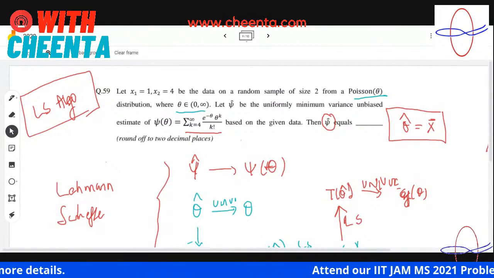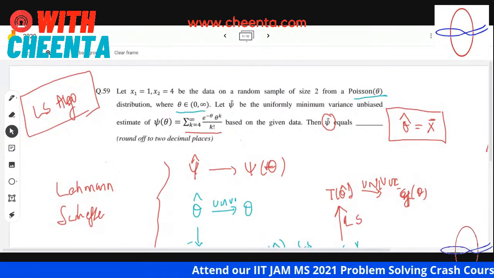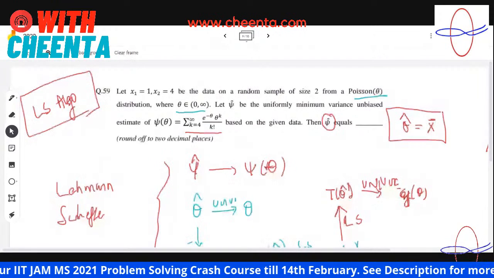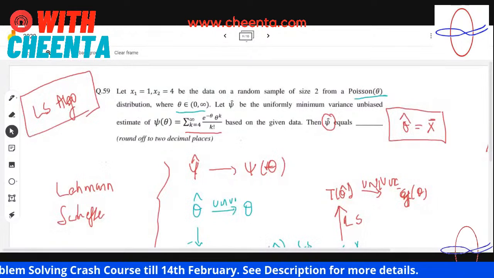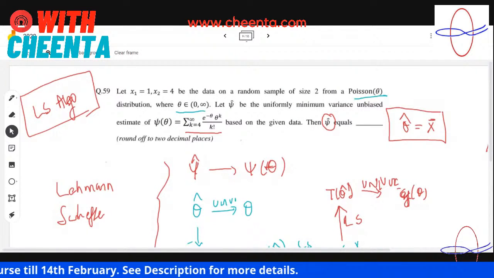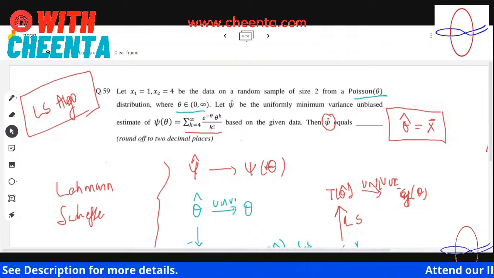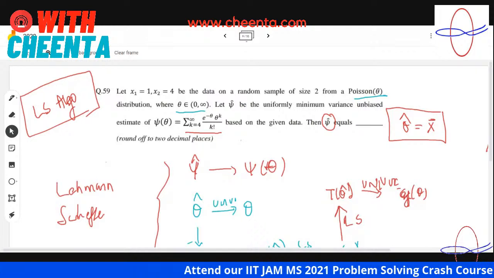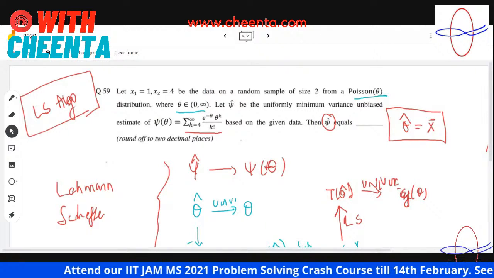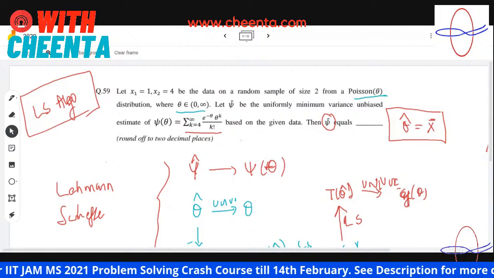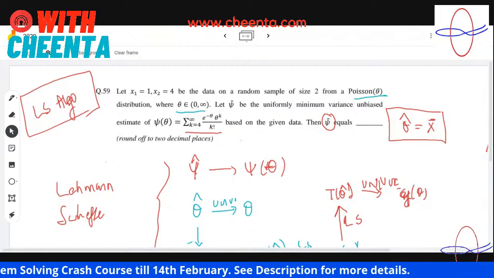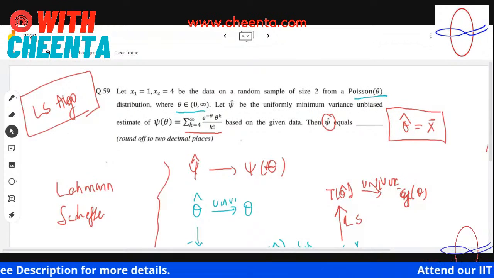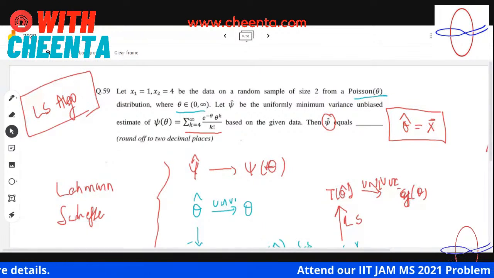Hello. Okay, so S is equal to, okay, it's telling that probability half to the power S. What is S?